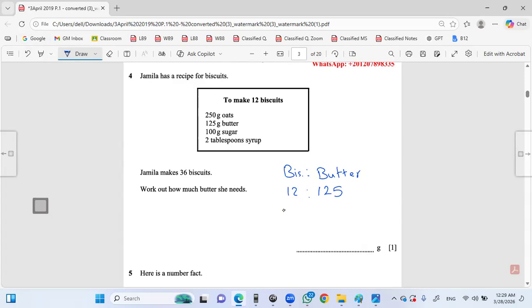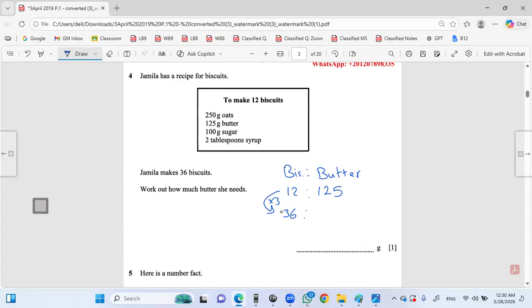But what about 36? Well, at first, is this direct proportion or inverse proportion? If you need more biscuits, are you going to use more butter or less butter? Yeah, common sense, definitely. To prepare more biscuits, I'm going to need more butter. So you multiply this by 3. This is what happened to the 12, actually.